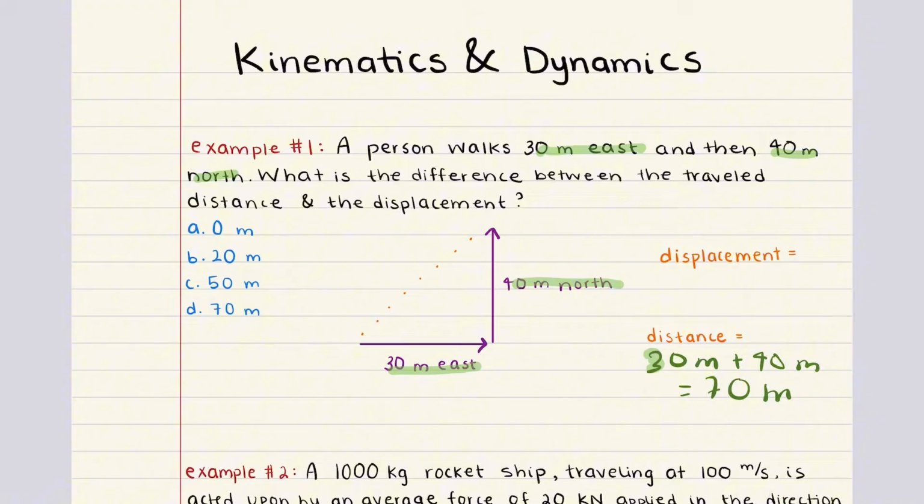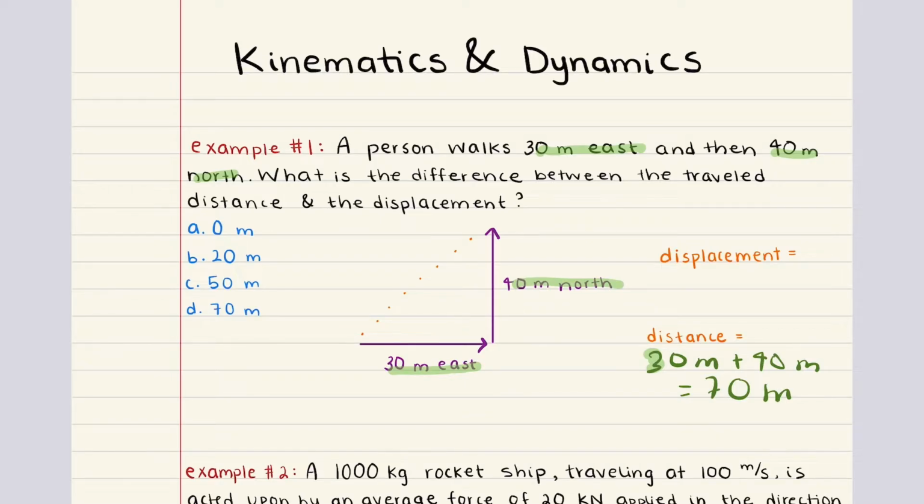Displacement, on the other hand, is a vector quantity that refers to the shortest straight line distance from the starting point to the final position along with the direction. To calculate the displacement, we need to find the magnitude of the resultant vector formed by the eastward and northward movements.